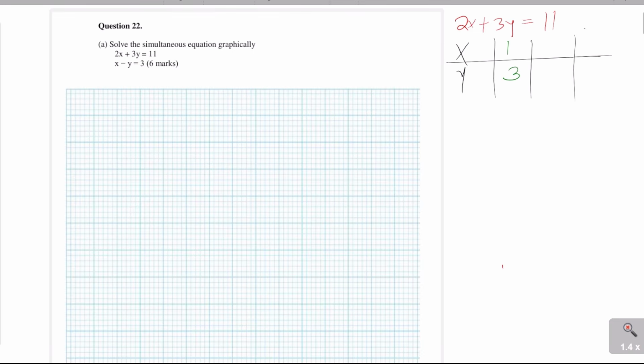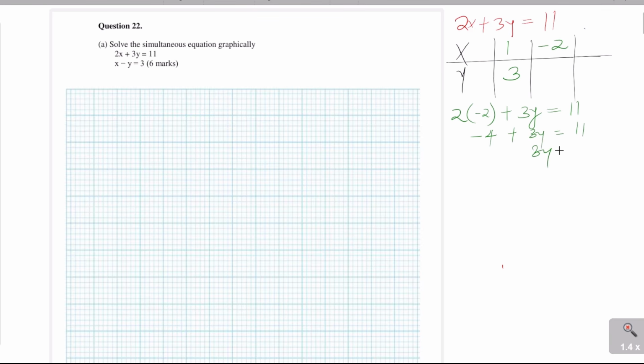Let me choose, for example, negative 2. So when x is negative 2, you substitute into this equation: 2 times x, which is negative 2, plus 3y equals 11. This gives 2 times negative 2, which is negative 4, plus 3y equals 11.